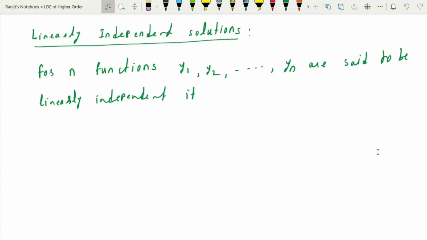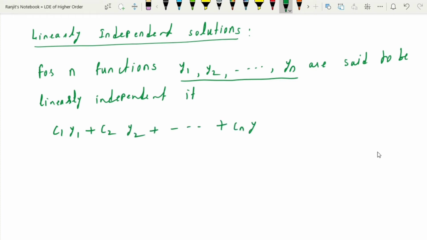Now we will discuss linearly independent solutions. n functions y1, y2, ..., yn are said to be linearly independent if c1 y1 plus c2 y2 plus ... plus cn yn equal to 0 implies all ci are equal to 0, that is c1 equal to c2 equal to ... equal to cn equal to 0.